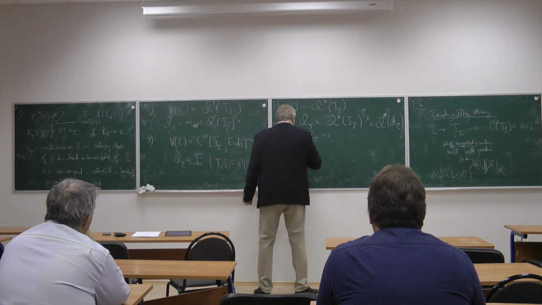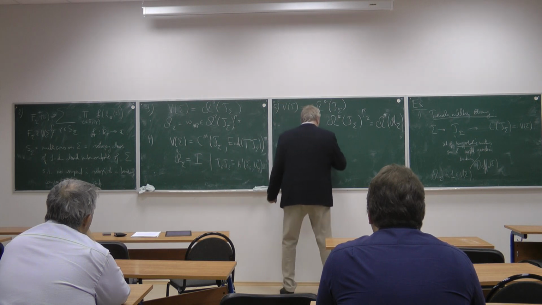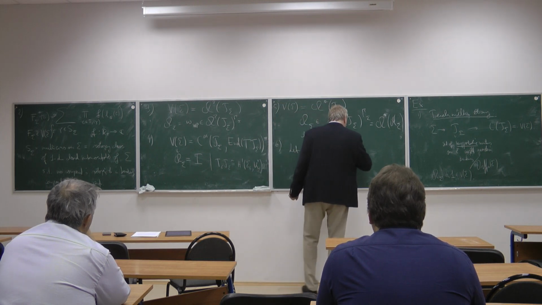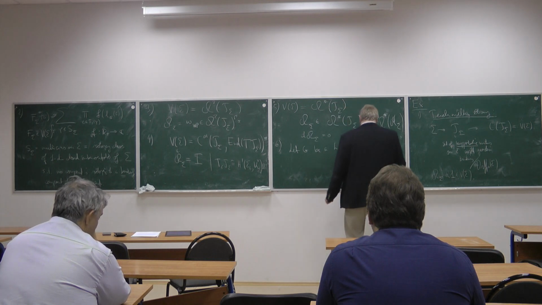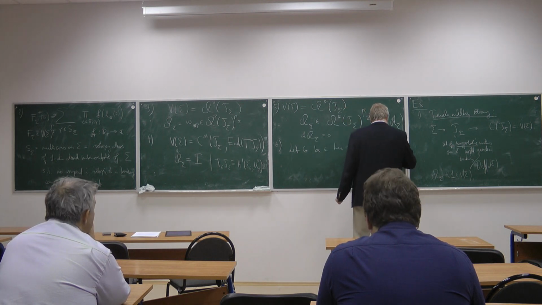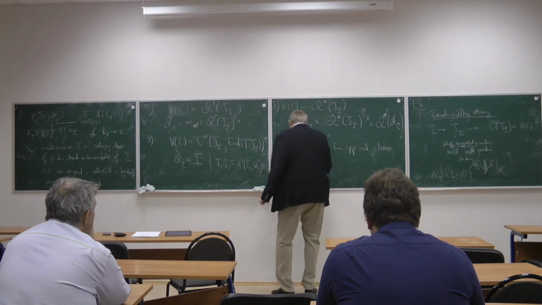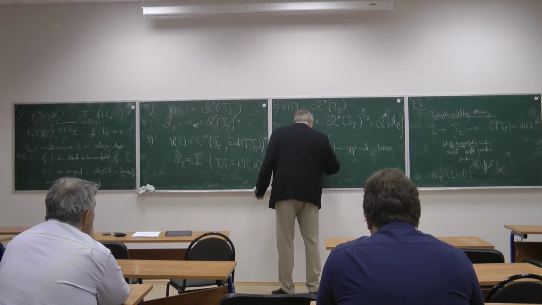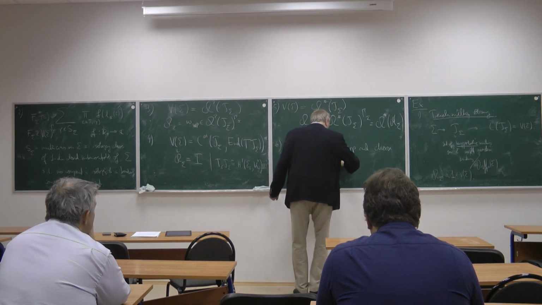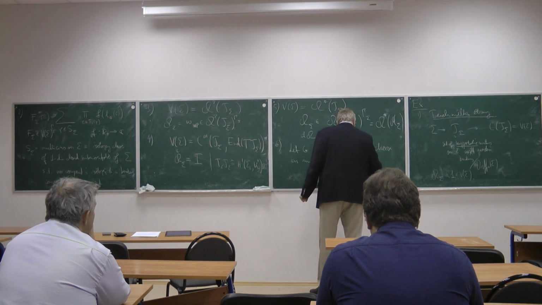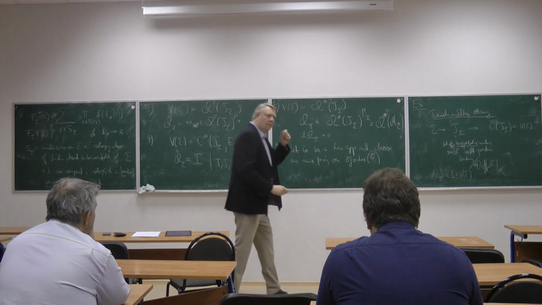So the next one here is the following. Let G be a Lie group and choose an invariant pairing on the Lie algebra of the Lie group. Okay.